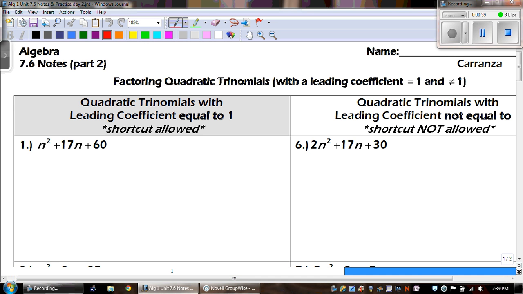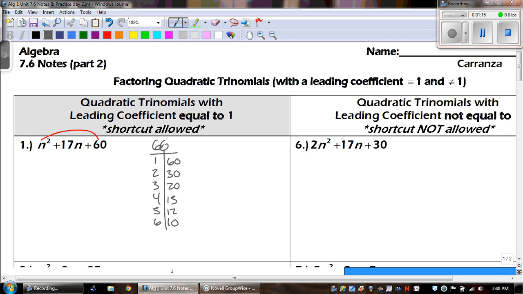So with example number 1, we've got n squared plus 17n plus 60. The first thing we always do is check to see if there's a GCF. In this case, there isn't. So we multiply a times c, which gives us 60, and we write down all the factors. So it's 1 and 60, 2 and 30, 3 and 20, 4 and 15, 5 and 12, 6 and 10.